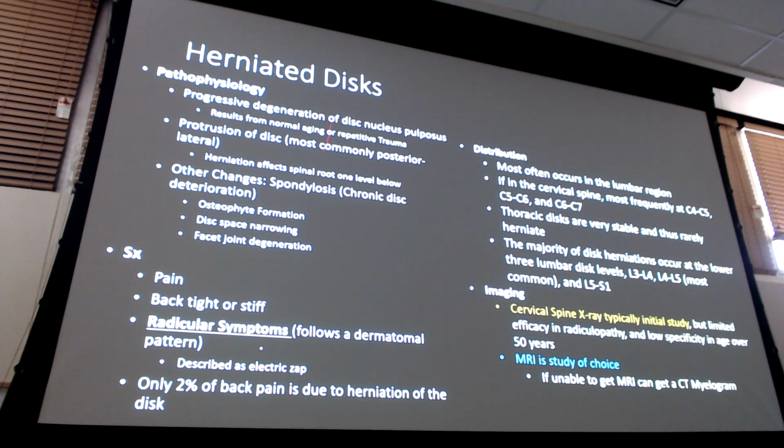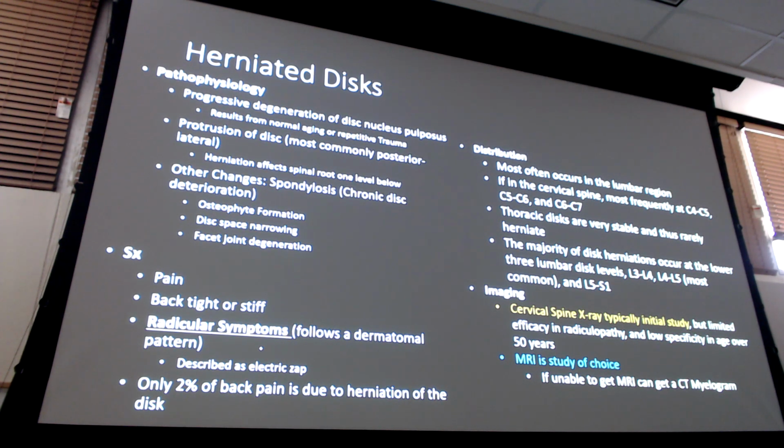Don't need to go through the pathophys of that. We learned that last semester. This is one, still with pain, still with back tightness and stiffness, a lot like degenerative disc disease, but now all of a sudden I'm having radicular symptoms, right? Primarily following a dermatomal pattern, which means before you even get the imaging, you can probably guess where the herniated disc is based off of where they're saying they're having that neurological pain, if you remember all your dermatomes.